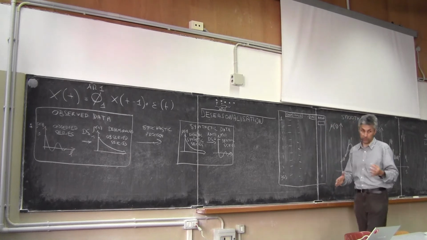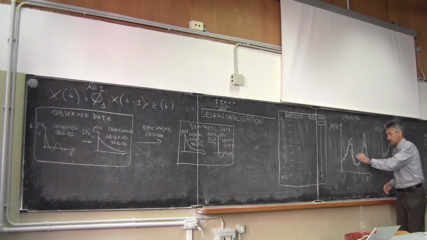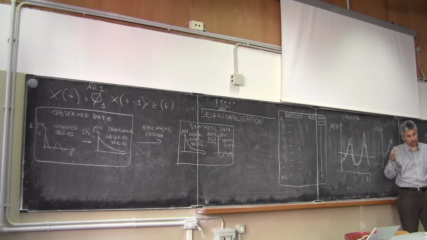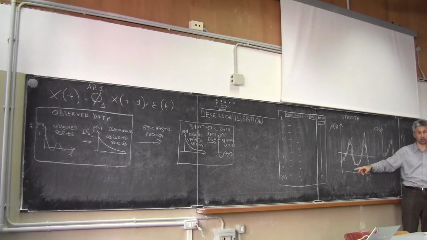But of course, if you increase the width too much, you get something that at the end, if you take a window which is 365, is constant. So what is the ideal width? It depends on your time series. You look at the result and you stop increasing when you see that you are satisfied.